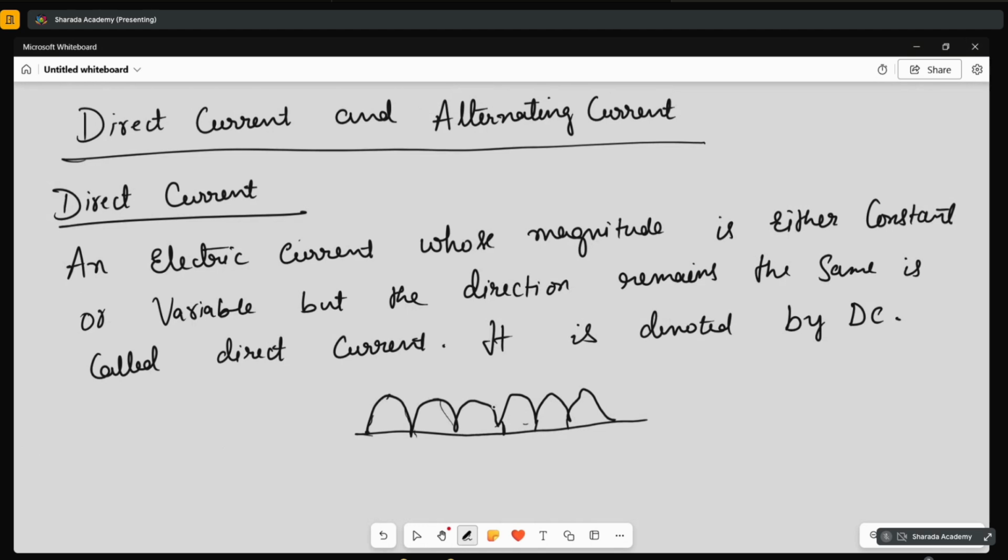It is changing here, but still the direction of the current is the same. If you plot the values, the direction of the current is the same, but the value is changing. So this also we call direct current, because the direction is not changing, only its magnitude is varying. Whereas in alternating current, the direction of the current itself will change. Power stations produce alternating current.